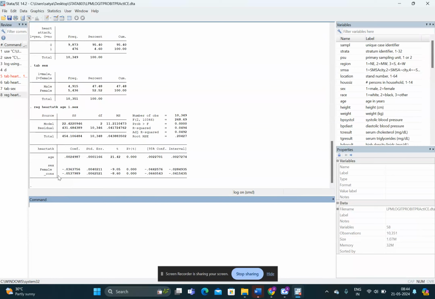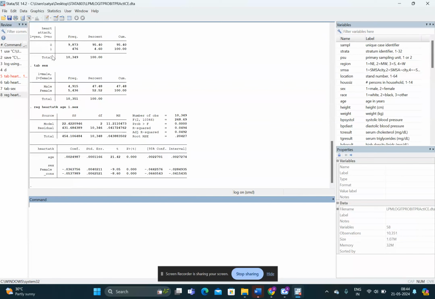As we can see, in the case of age, as the age increases, the probability of heart attack also increases, because here pi equal to 1 is yes. As you can see here, heart attack 1 equals yes. Look at my cursor. And here, LPM models the probability of pi equals 1.